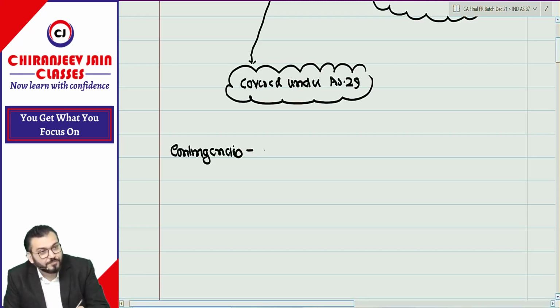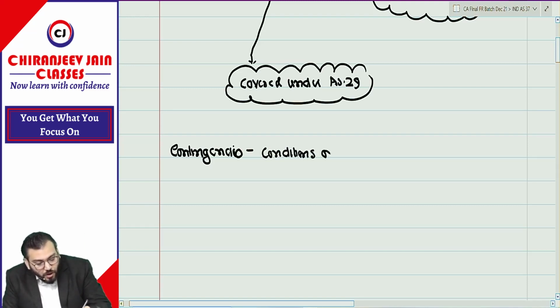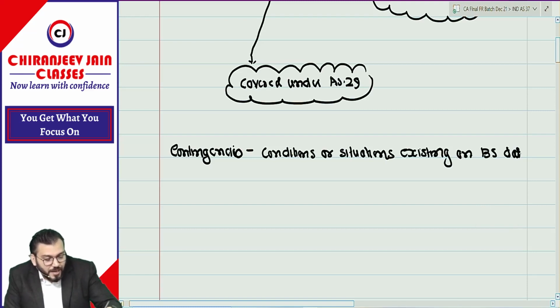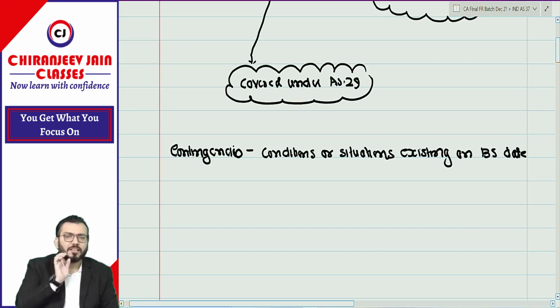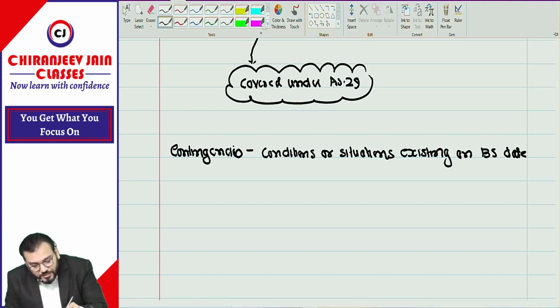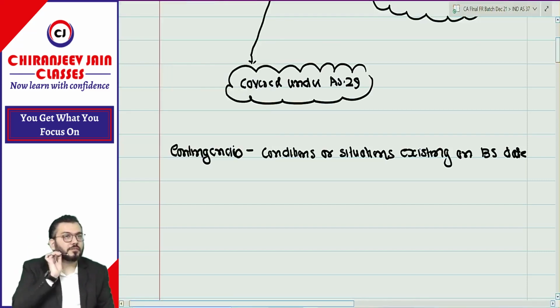Contingencies are conditions or any situations existing on balance sheet date. Understood? Any condition or situation existing on balance sheet date.